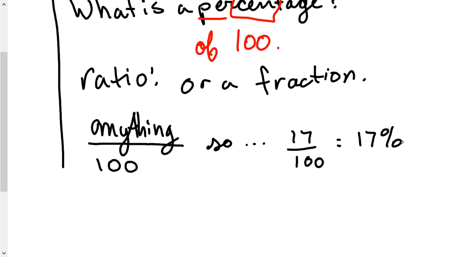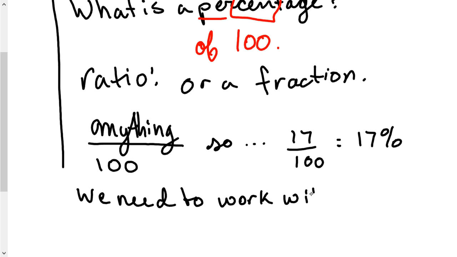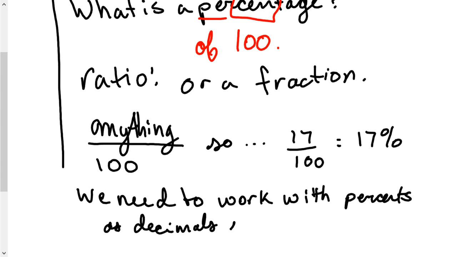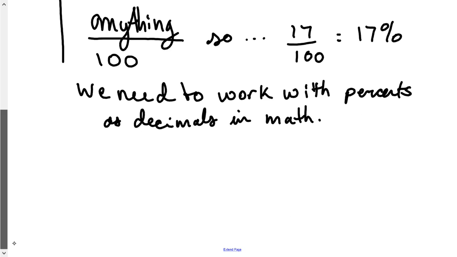But when we're working with percents in math, we need to work with them as decimals. I might have said fractions, I meant percents. So a lot of people like to think of percent as money.